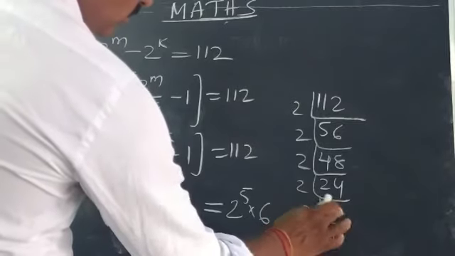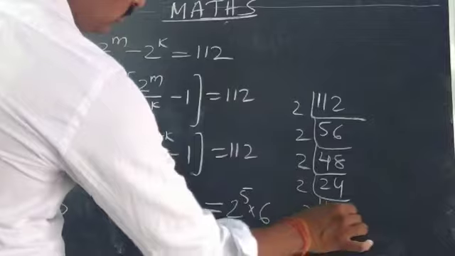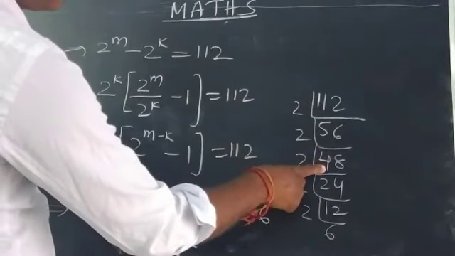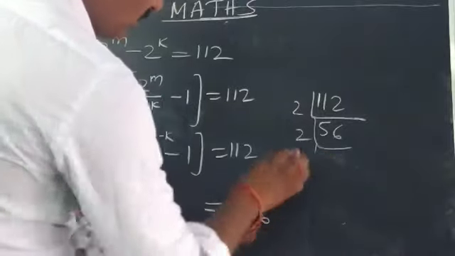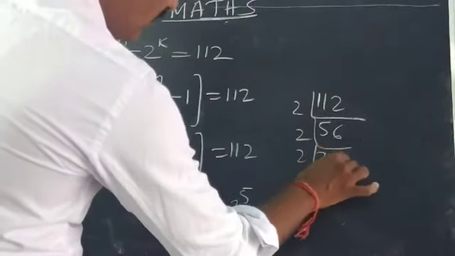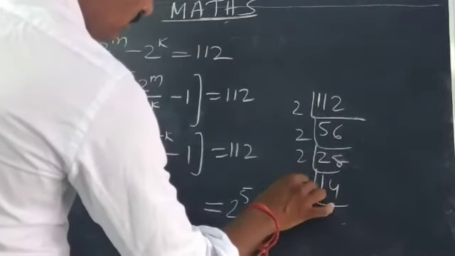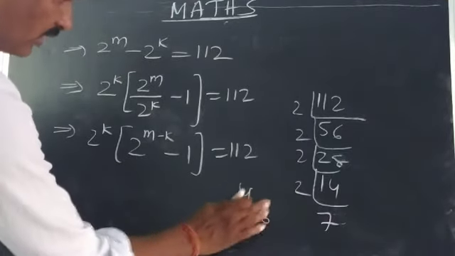Sorry, here I did a mistake. 112: 2 twos are 4, 2 eights are 16, 2 ones are 2, 2 sevens are 14. So 2 power 4, 2 power 4 into 7.